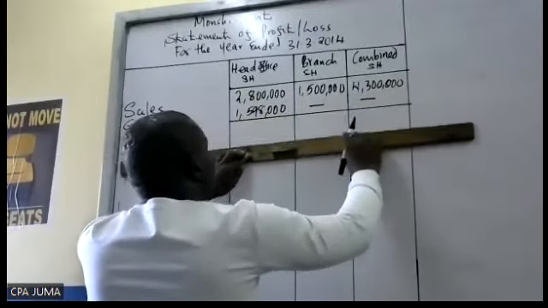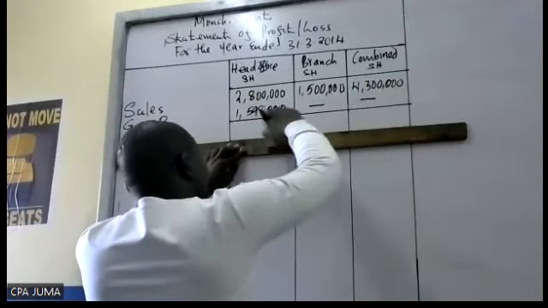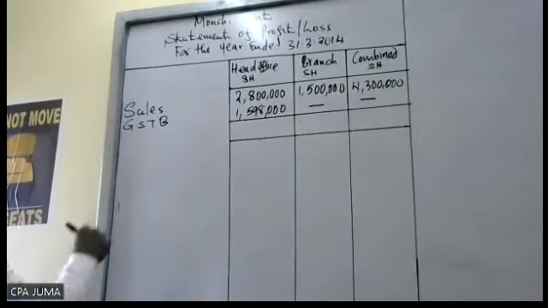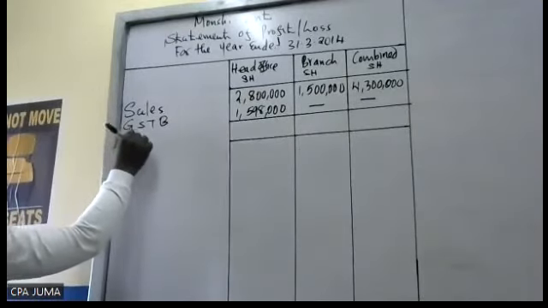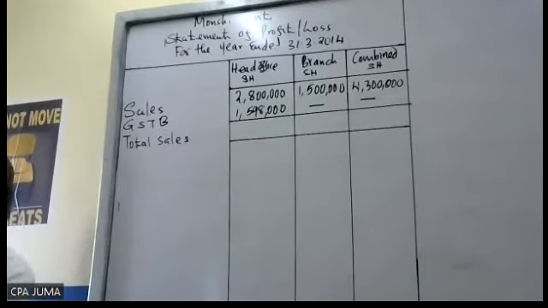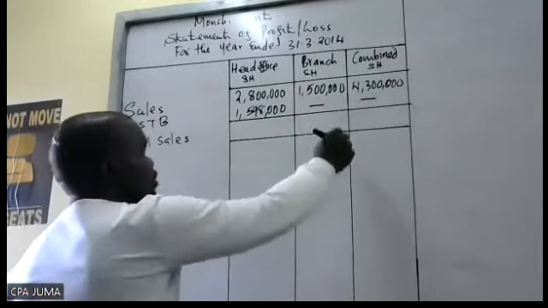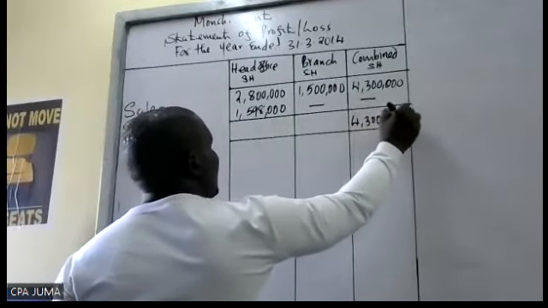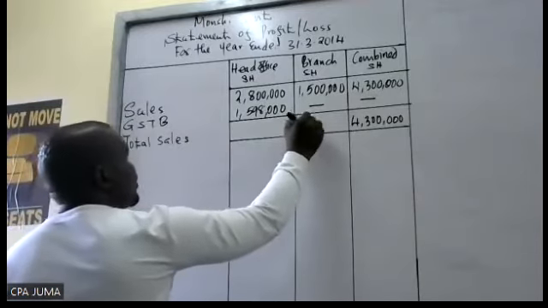So can you add? Add this. Total sales: we have 4.3, 1.5.